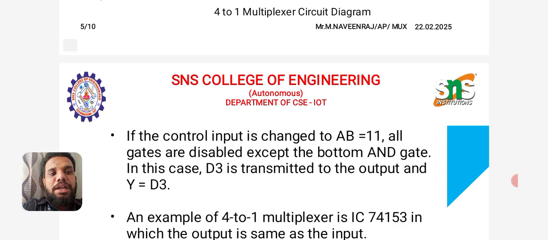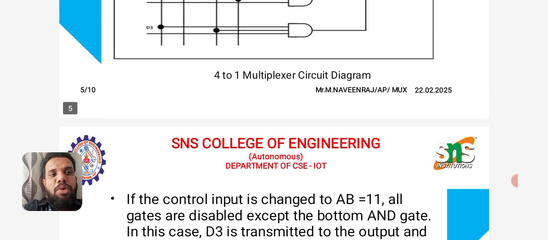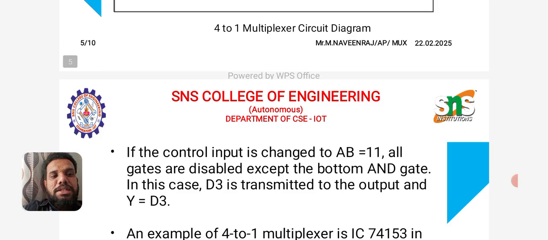If the control input is changed to AB equal to 1 1, all the gates are disabled except the bottom AND gate. In this case, D3 is transmitted to the output.